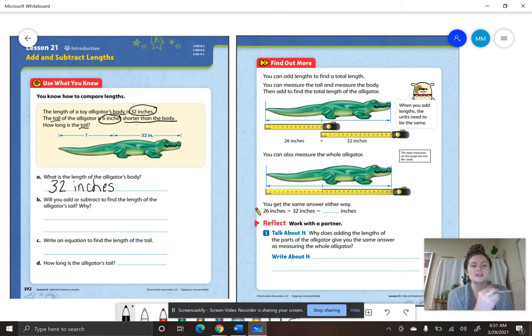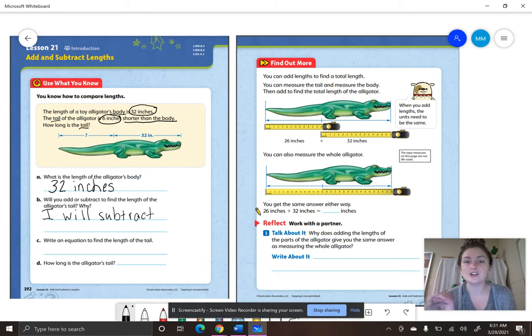So for letter B, are we going to add or subtract? We're going to subtract. Why will I subtract?